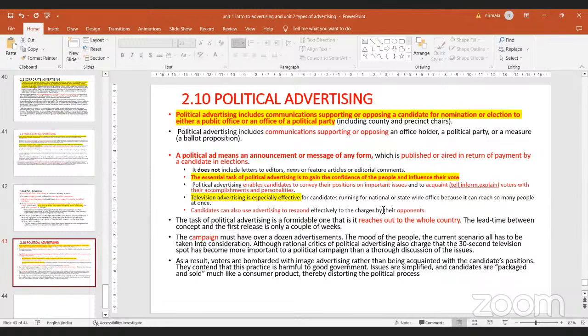Something or the other, they want to convince the voters in the elections to change their behavior regarding this political party or the candidates.